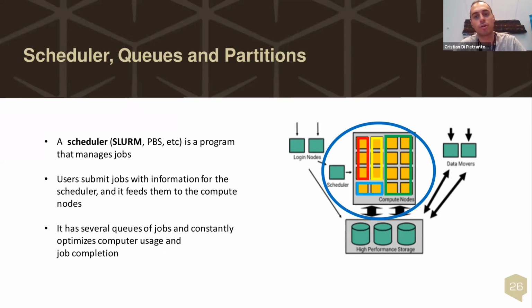optimize the use of the supercomputer in the sense that it tries to run as many jobs as possible, trying to fill in all the space or all the compute nodes, and at the same time it tries to give each user a fair wait time.